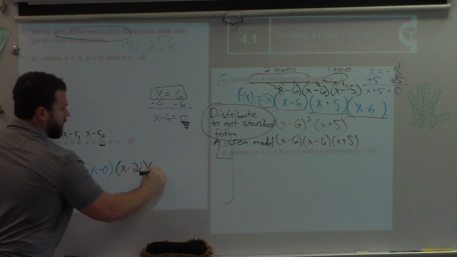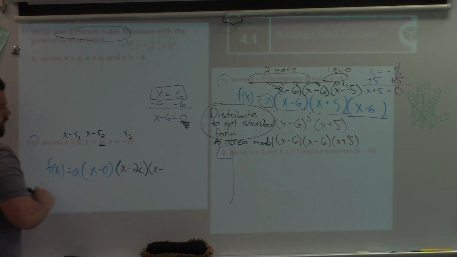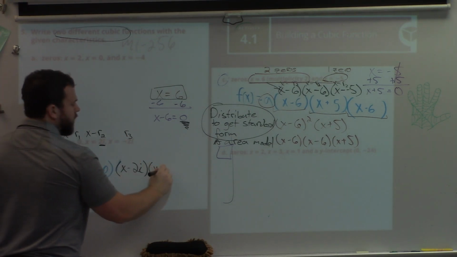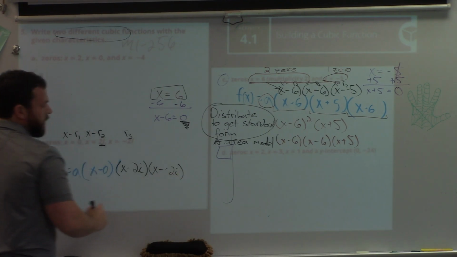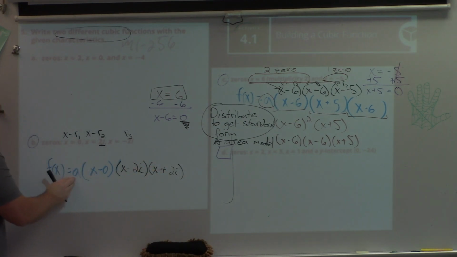And then x minus R3, so what is R3? Close. Negative 2i. And so if I subtract a negative, what does that end up becoming? Positive. And does it matter what A is? No, I'm not going to sweat that right now, okay? So this is why I would understand, and don't forget your factored form, it's just x minus the roots.